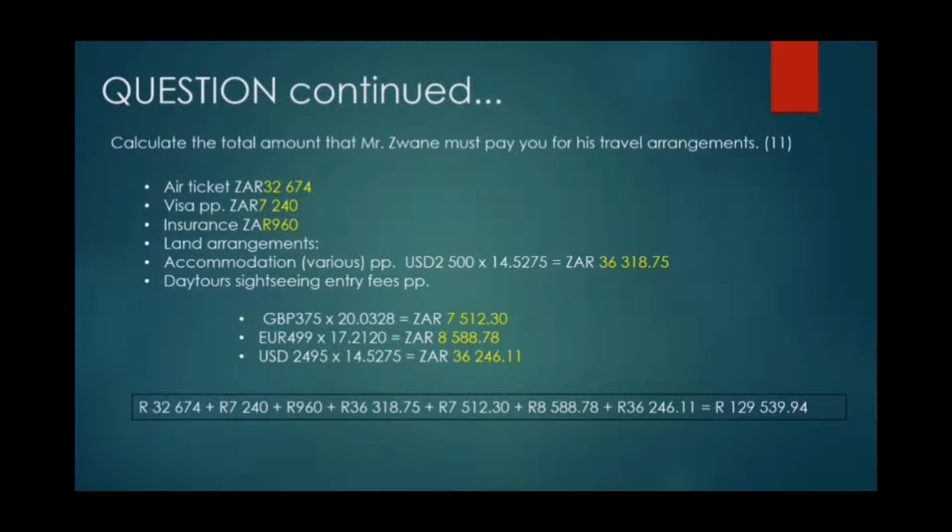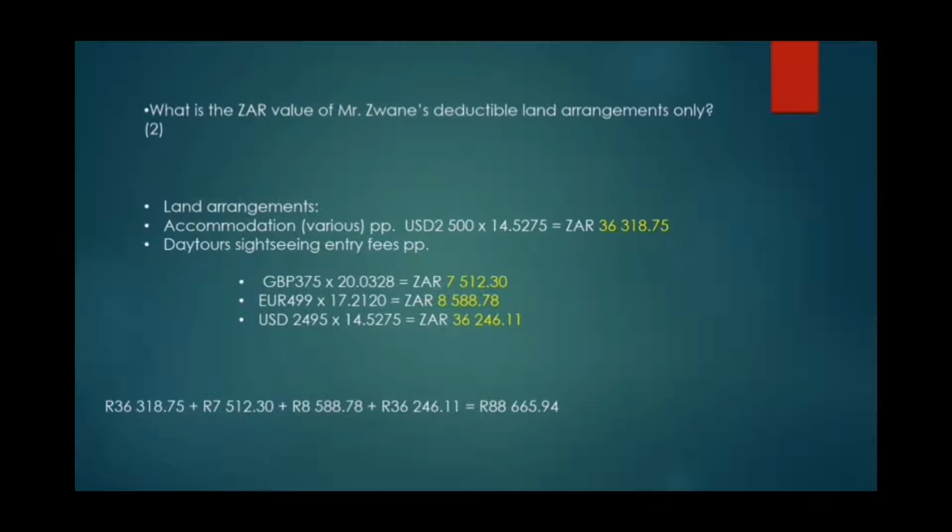Now, after finding out your travel arrangements, the next question that would usually follow would be, what is the rand value of Mr. Zwane's deductible land arrangements only? Now, out of the entirety of the travel arrangements, we just want to know how much the land arrangements on their own are.